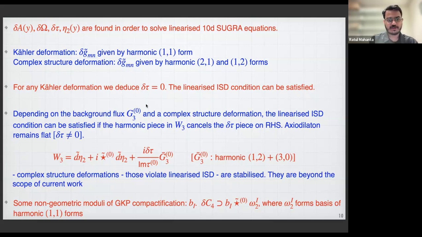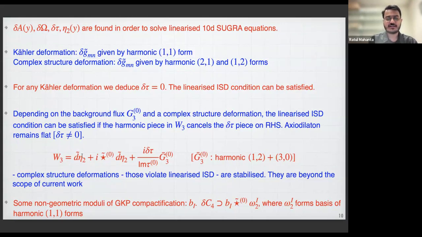However, depending on the background flux and the complex structure deformation, the linearized ISD condition can be satisfied if the harmonic piece in the W3 cancels the delta tau piece on the RHS. Axiodilaton remains flat because the delta tau piece should be non-zero. So I should say that this equation on the right hand side has a Hodge decomposition structure.